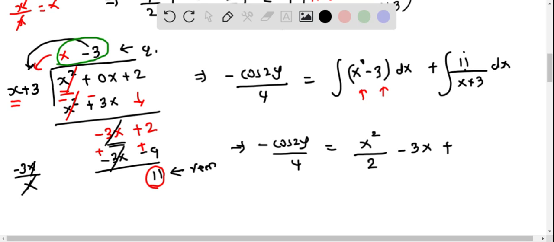We can first factor the 11 out of the integral, and then we will have only the 1 over x plus 3 to integrate. Using the standard integration formula, this is natural logarithm of x plus 3, and then we put the constant of integration c.